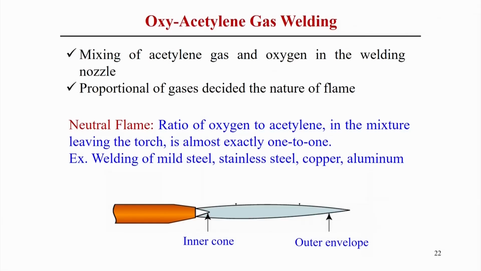The outer envelope tries to protect the heated zone from the outside atmosphere, and the inner cone supplies the heat to melt the material. Welding of mild steel, stainless steel, copper, and aluminum can all be done using simple gas welding processes.